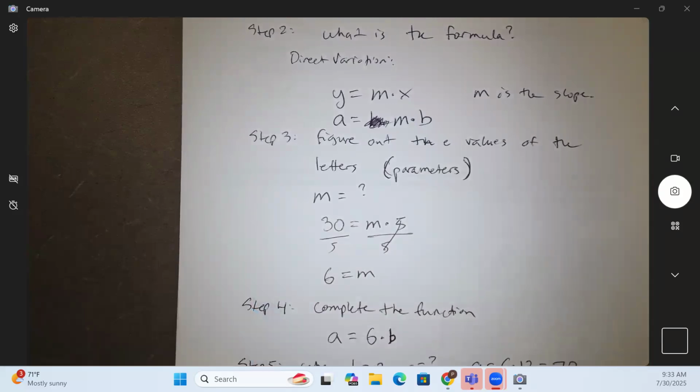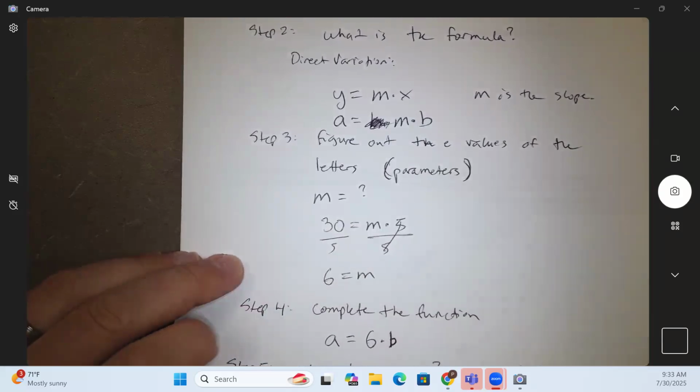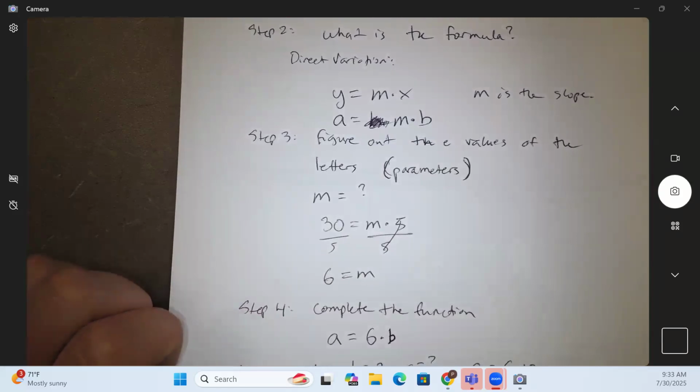Okay. Any questions? Let's talk about inverse variation.